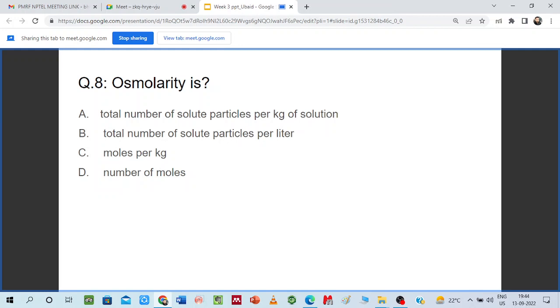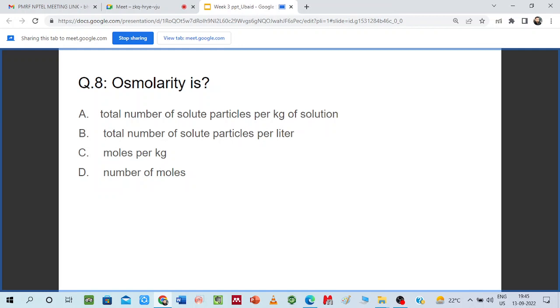Molality. The answer is in the answers that are given. So you may have heard about molality and molarity.